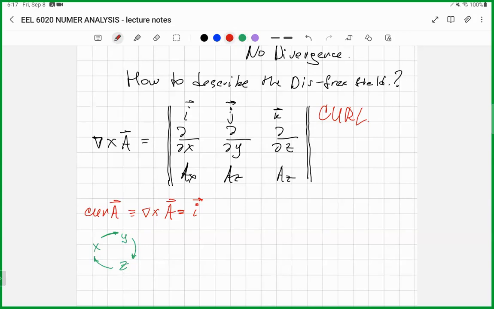For example, for the x component, I write i, which is the x unit vector. Then in the parentheses, the next term should be y, which is the y component of the nabla operator.